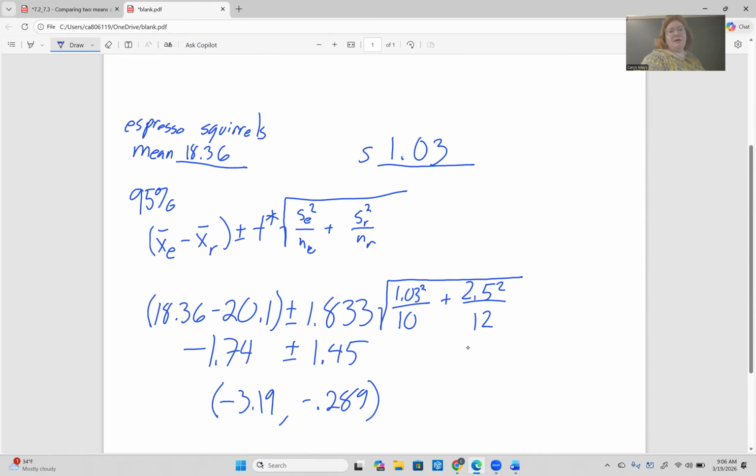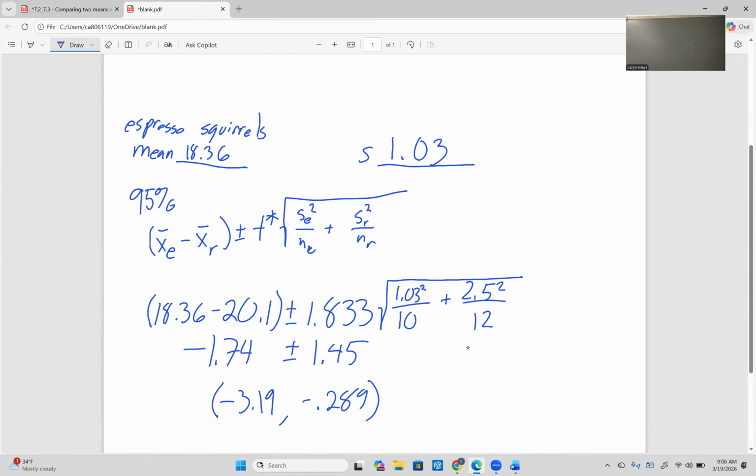So the espresso squirrels being first, the subtraction is giving us a negative number. In all of our other examples, we were talking about scores, and so one being better than the other would give us a positive number. But in this case, we're talking about times for running a course.